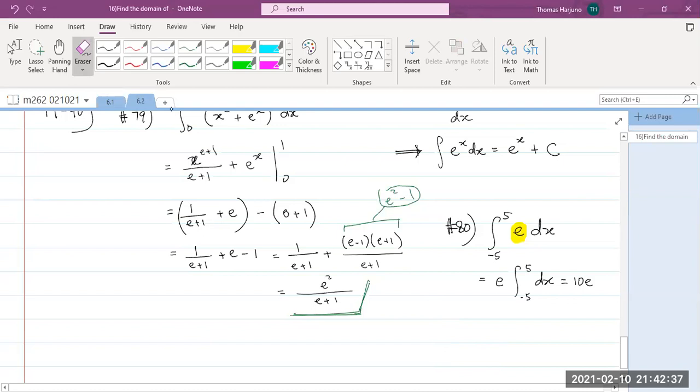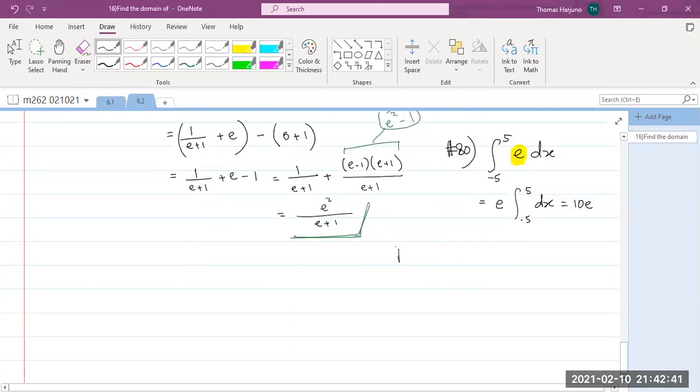To be more precise, I would like to mention the interpretation of the integral from a to b dx. So the integrand is 1. If you try to picture that, it means the function is 1 from a to b.